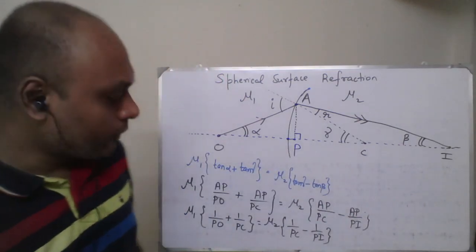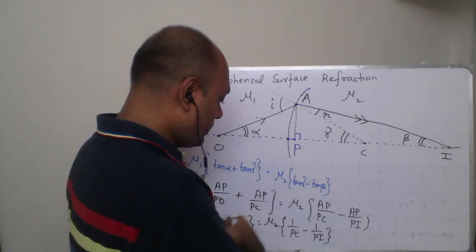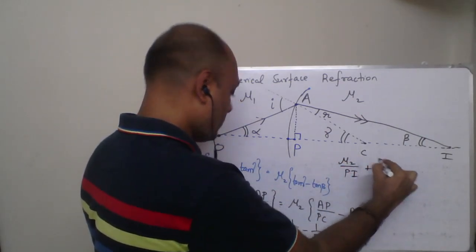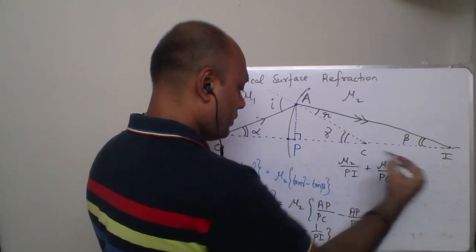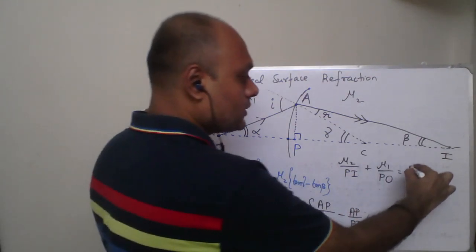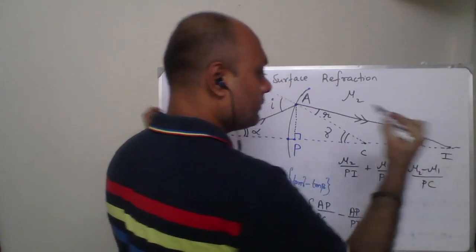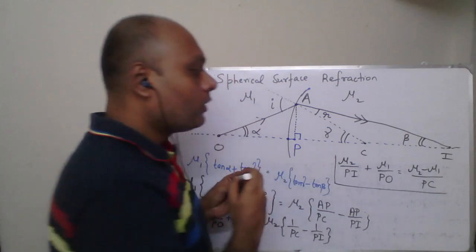Now I am going to rearrange this. So I will bring PI this side. So mu2 divided by PI plus mu1 divided by PO equal to mu2 by PC minus mu1 by PC. So I can write this as mu2 minus mu1 divided by PC. Yeah, that's it. So this is the expression that we have obtained.